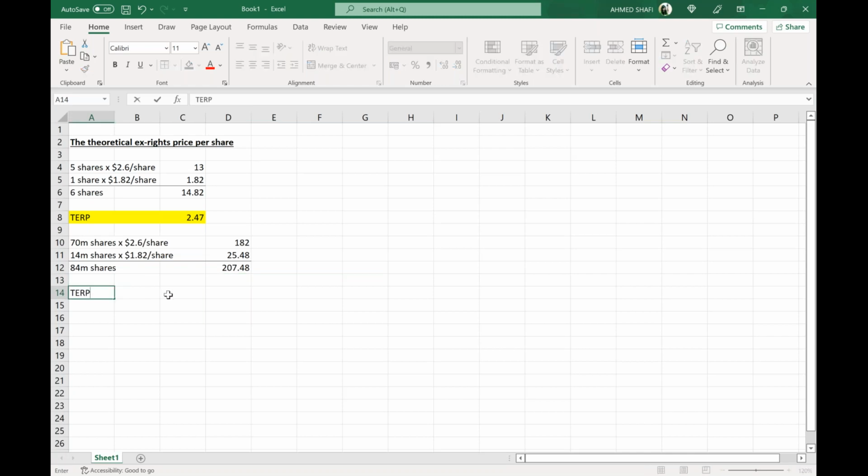You can divide them to get TERP. 207.48 million divided by 84 million. Still you will get 2.47. So whatever way you like, you can do it.